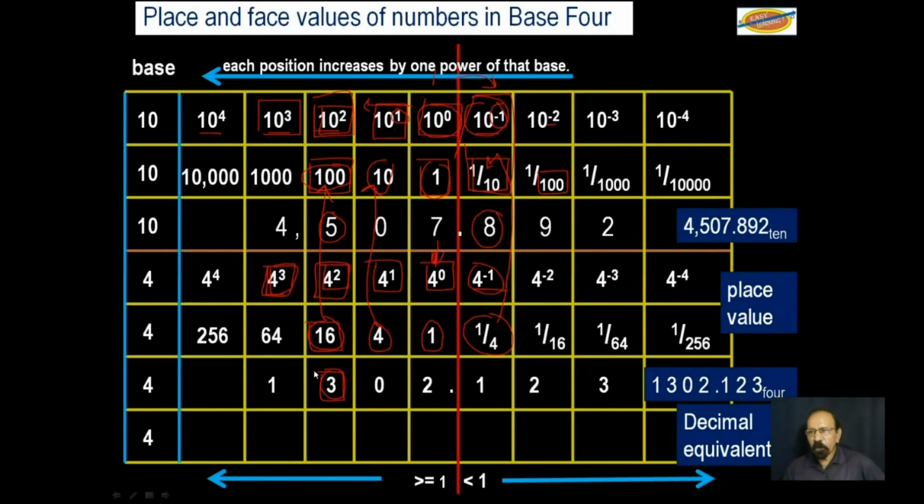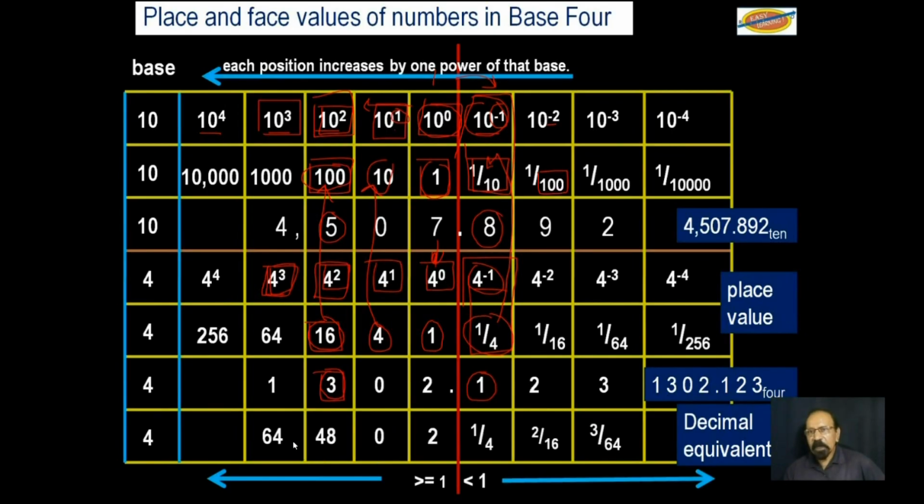Remember, this is base 4, so we can't have any digit greater than 3. We could go up to 3. And if you consider this one over here, that 1 face value is 1, but place value is 1/4 or 4 to the negative 1. I think by now you understand how this goes.